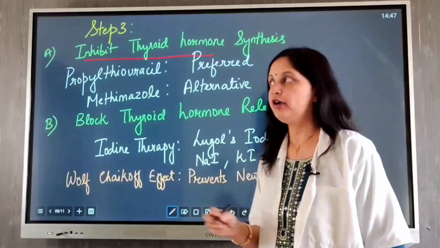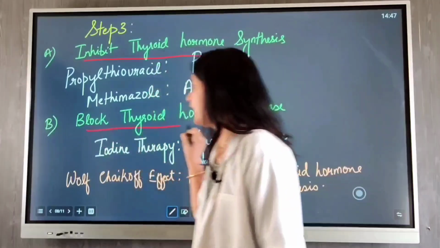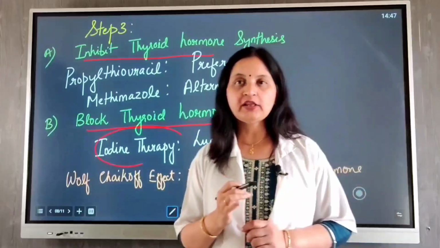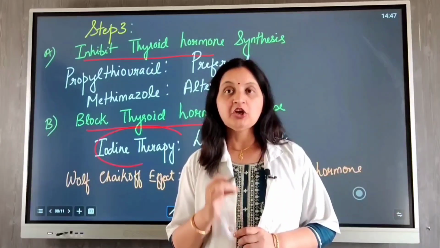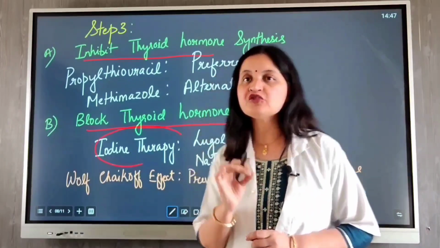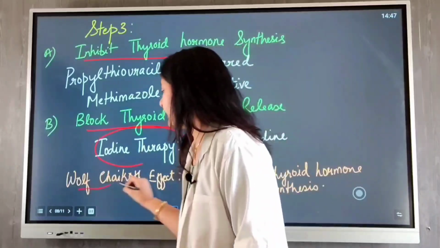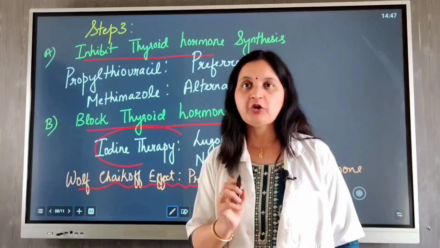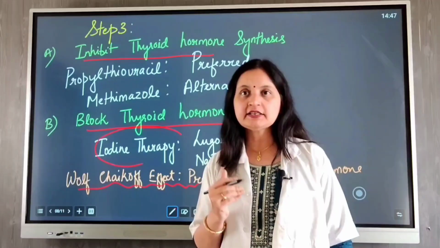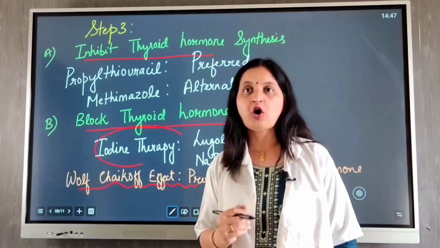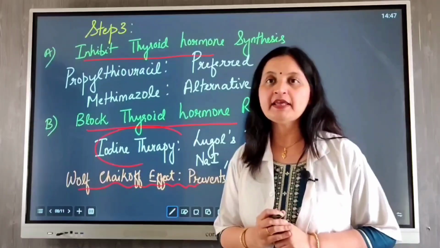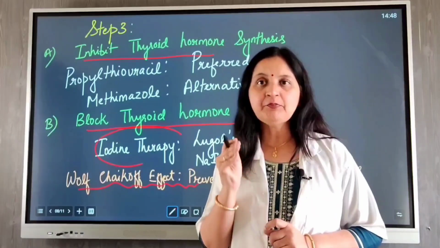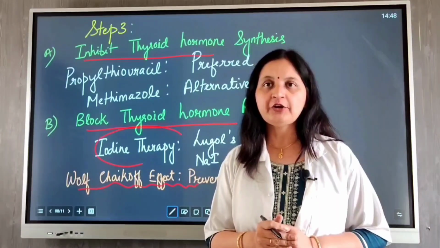There are anti-thyroid drugs that block the release of thyroid hormones, such as iodine therapy: Lugol's iodine, sodium iodide, potassium iodide. They are known to induce the Wolff-Chaikoff effect, which prevents new synthesis of thyroid hormone by inhibiting thyroid peroxidase enzyme, decreasing the synthesis and release of thyroid hormone. Also, iodine therapy has a rapid onset of action and causes immediate blockade of release of thyroid hormone.